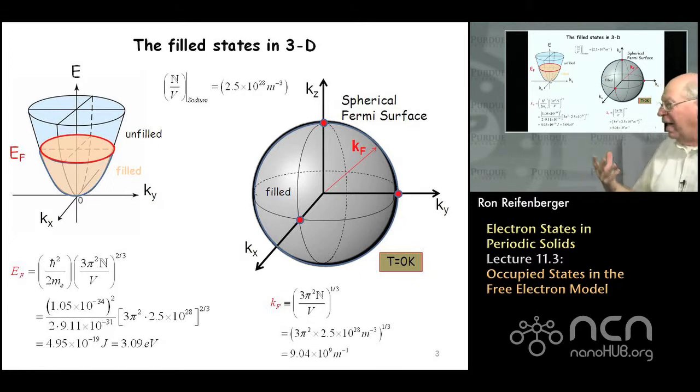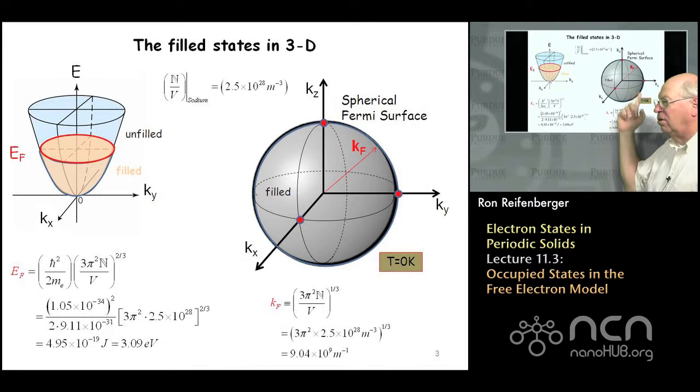Another way to visualize these results is to plot the filled and unfilled states as a function of kx, ky, and kz. So for a free electron metal, kx, ky, and kz are all equivalent. All the electron states are filled up to a value of k sub F, and this value of k sub F is isotropic.